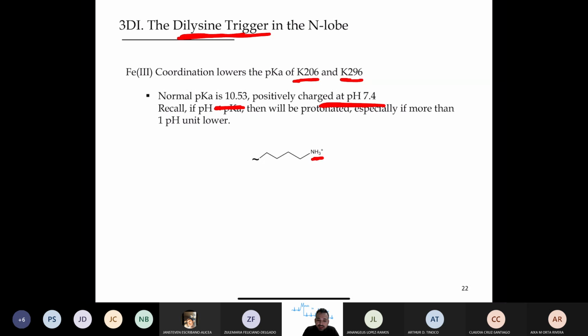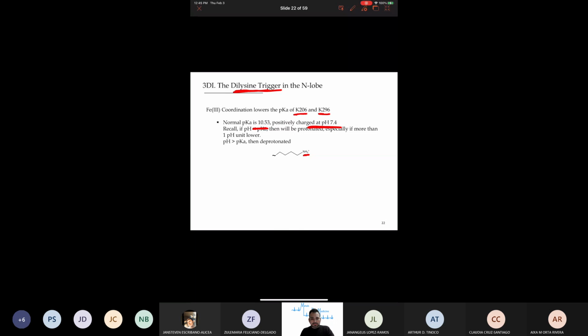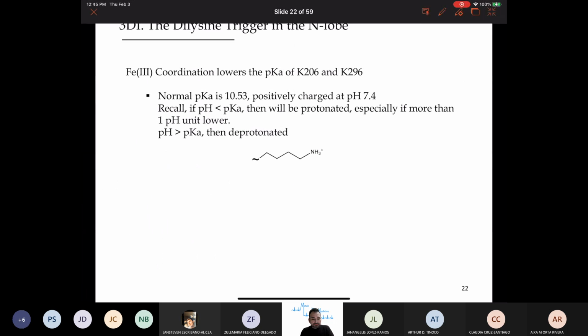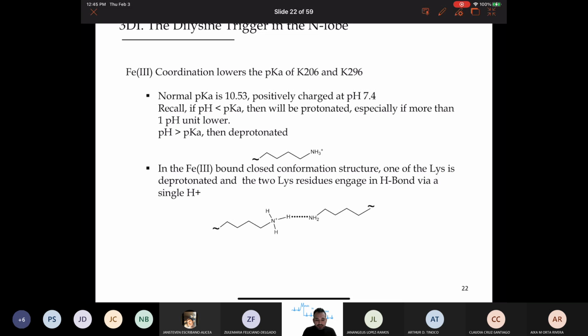It turns out that when you have the iron coordinated, these two come in contact, and there's actually a deprotonation of one of the lysines, leading to a hydrogen bond between the two lysines.